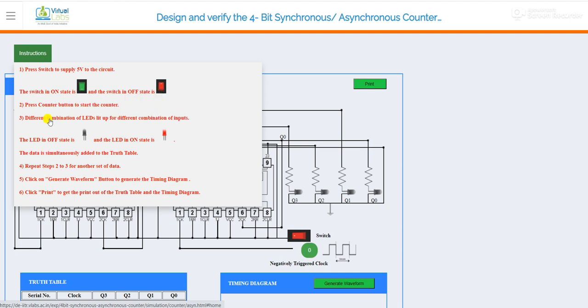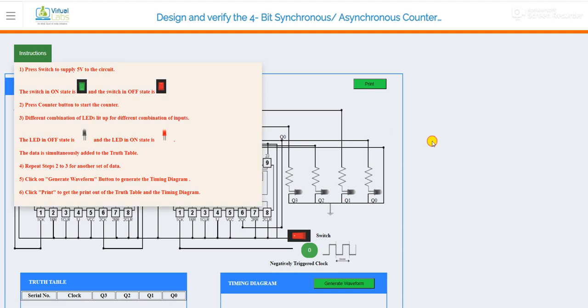Now press the counter button to start the counting. Then the LED in off state is like this, for Q3, Q2, Q1 and Q0, and the LED in on state will glow with red color. Now repeat these steps as we are interested to count from 0000 to 1111. So we have to click on the clock portion of the circuit.